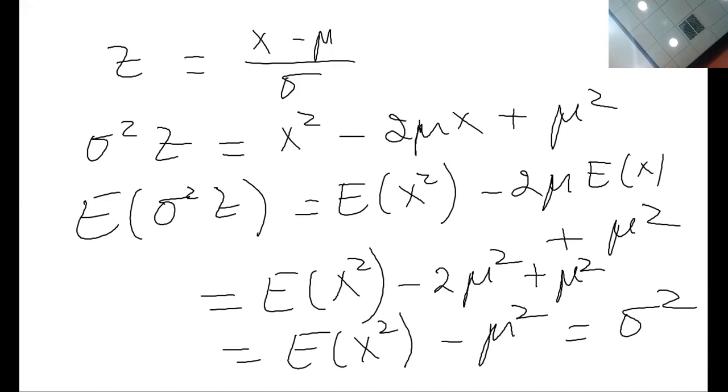Do you see that? It is sigma squared. So sigma squared E of Z squared equals sigma squared, so E of Z squared equals 1. So you complete this proof by just applying the Markov inequality, taking Z squared as a nonnegative variable with mean 1. And that takes care of this big theorem.